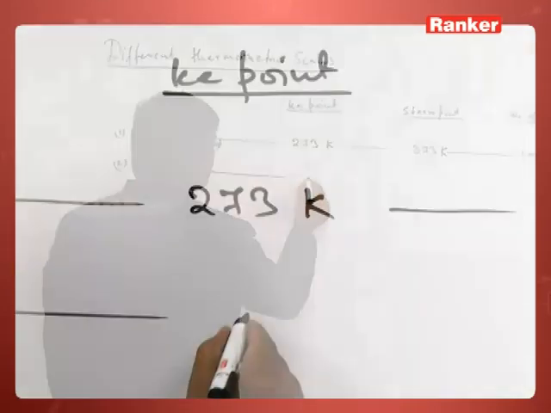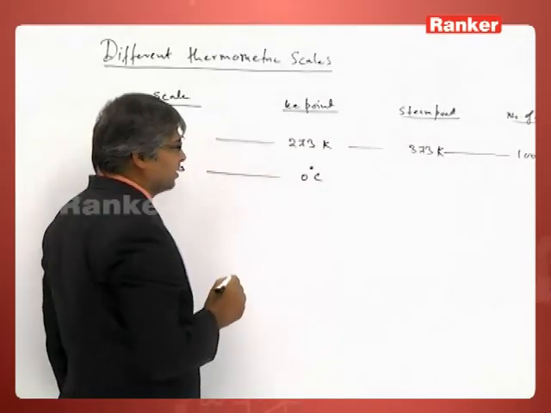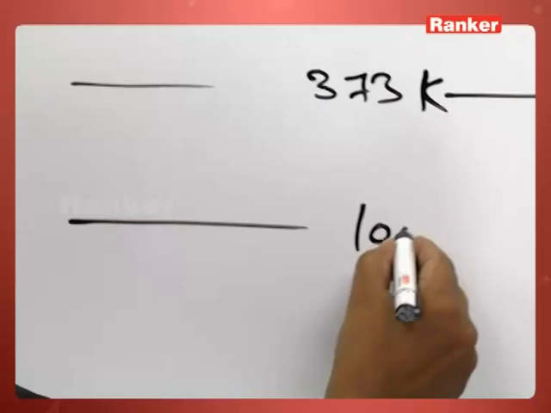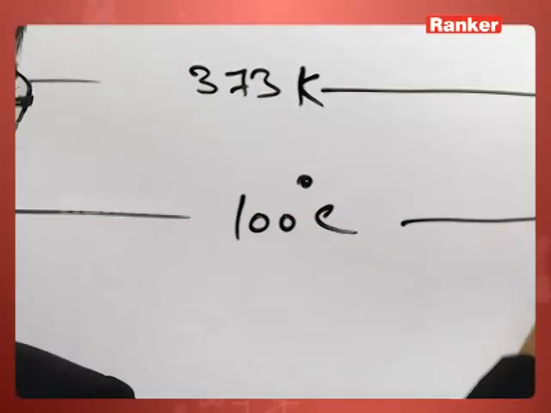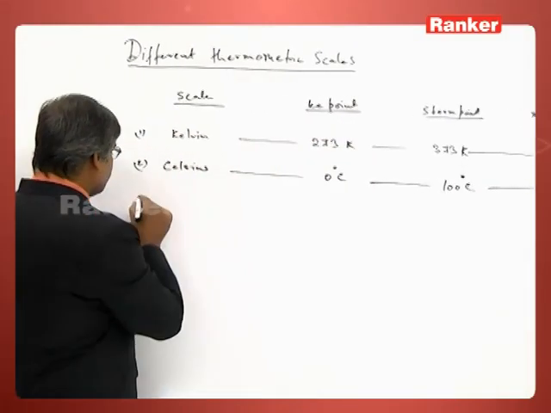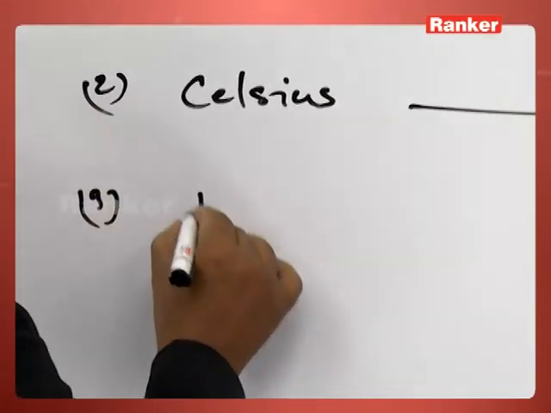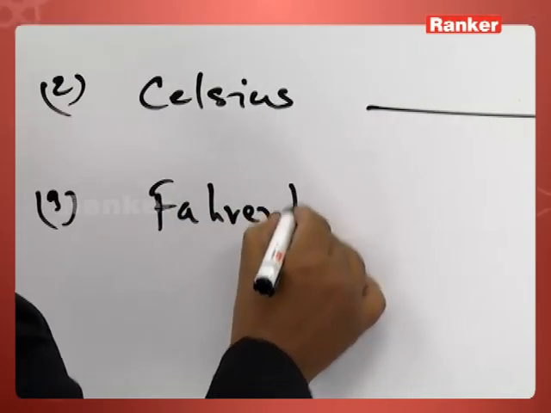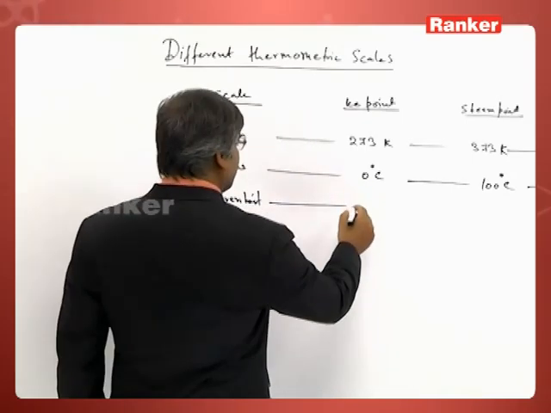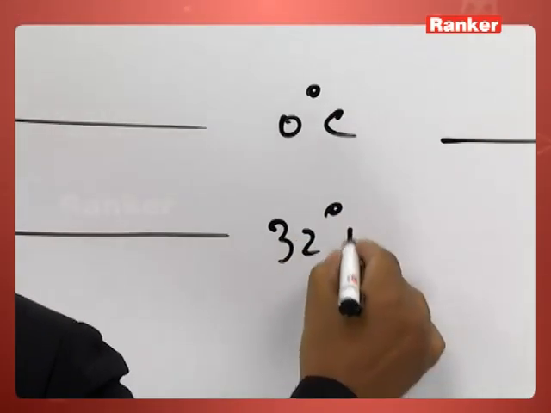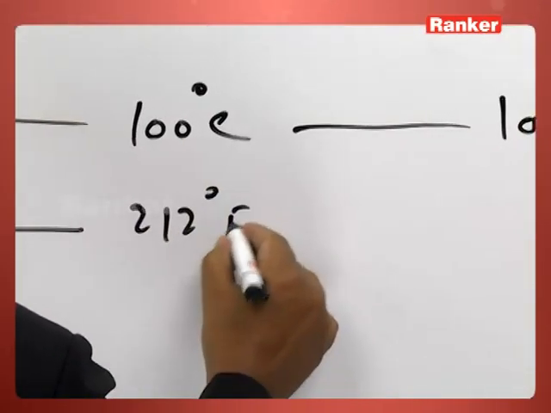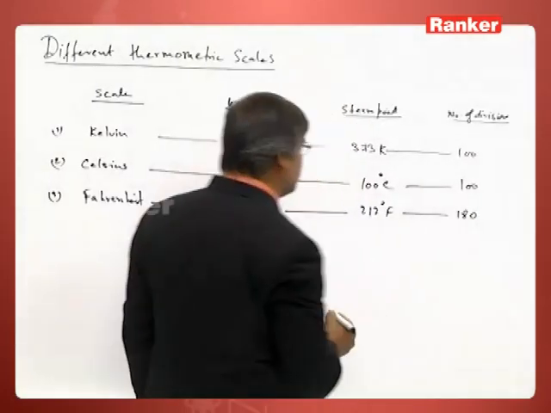For the Celsius scale, we say the ice point is 0 degree centigrade and the boiling point of water is 100 degree Celsius or centigrade, and again it is divided into 100 divisions. Now the third one, the Fahrenheit scale, which is used by doctors to measure our fever: 32 degree Fahrenheit, and then 212 degree Fahrenheit, and the number of divisions is 180.